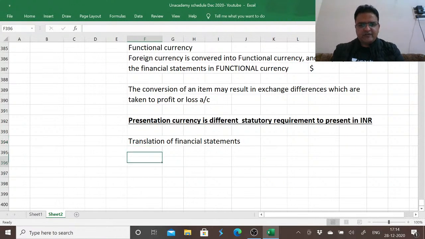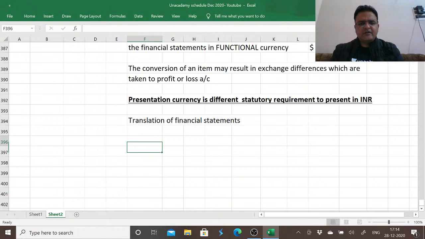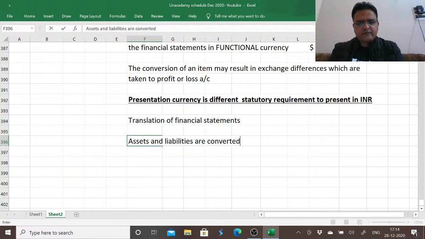So when we are translating the financial statements, assets and liabilities are converted at the closing rate.